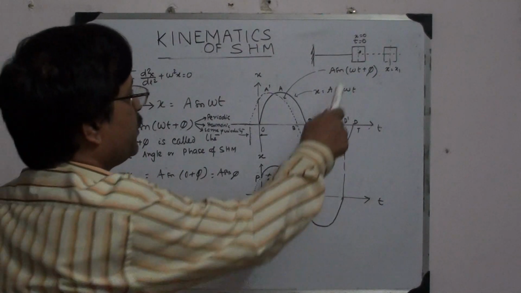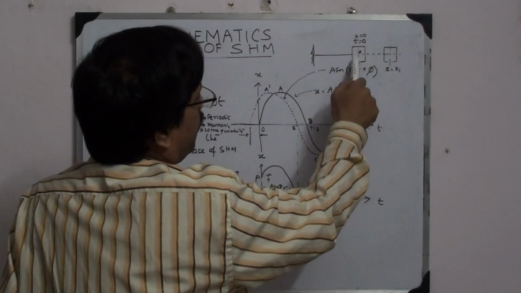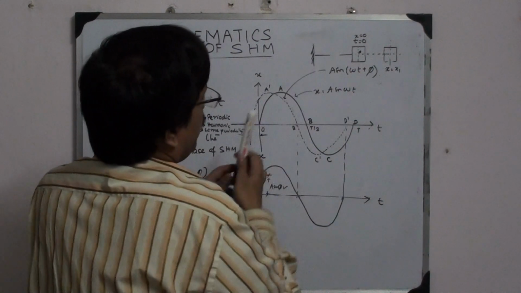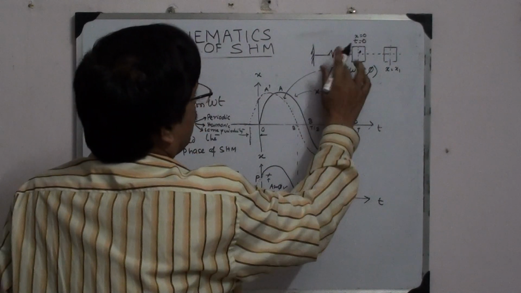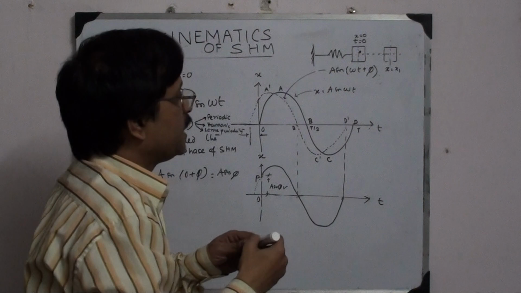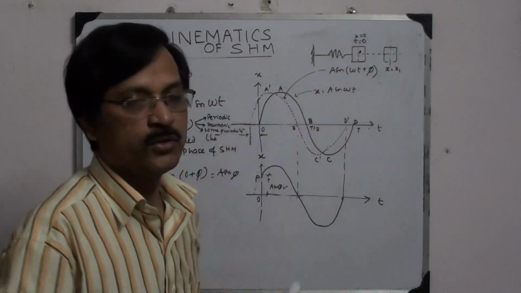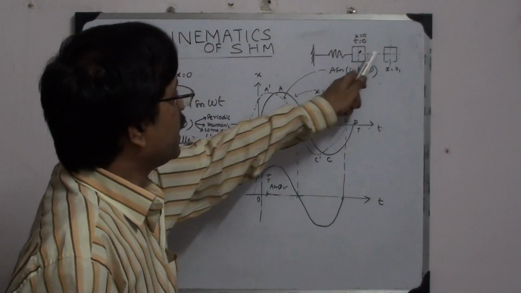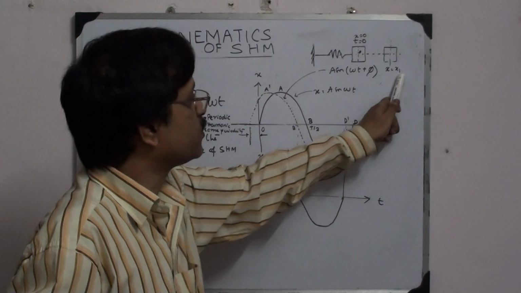For example, in this diagram, suppose this is a block attached to a spring, and it is pulled by some distance. We start with the initial condition x is equal to 0 at t is equal to 0. But supposing another mass was moving at a distance x is equal to x1.